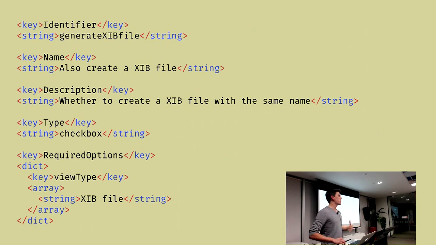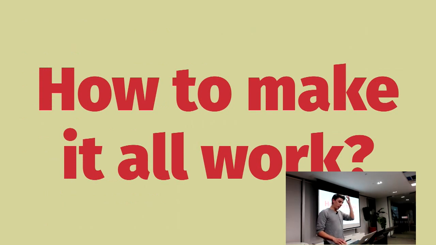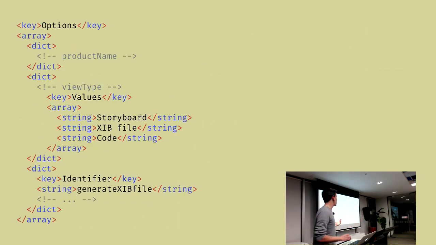What's important is to understand how this all works in finally generating the files for you. What's important to notice in the plist is you have your array of options, you have the product name, you have the view type with those values, and you have the checkbox with this identifier. The name of the identifier, I chose it.